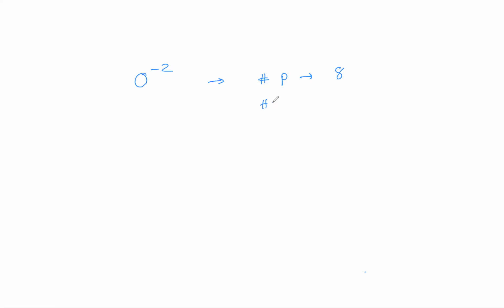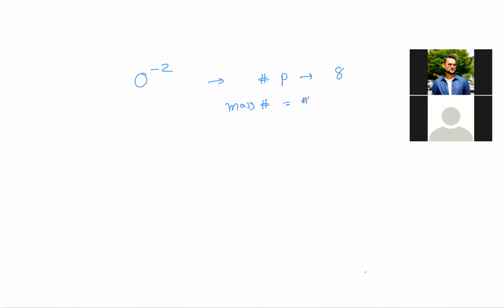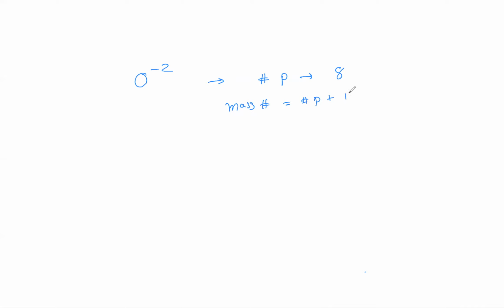Now let's find out the number of neutrons. We know the formula: mass number is equal to number of protons plus number of neutrons. What is the mass number for oxygen? Is it 16 point something? Yeah, 15.999. So I would say 16.